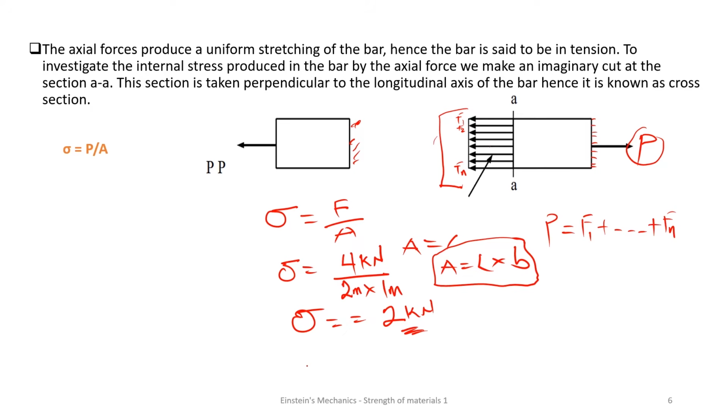Let's keep in our head the formula for stress, internal stress or simple stress, which is represented this way: the force P over the area it is being applied. It is very, very important that we remember the formula.